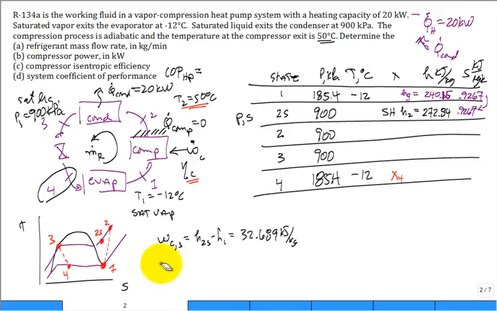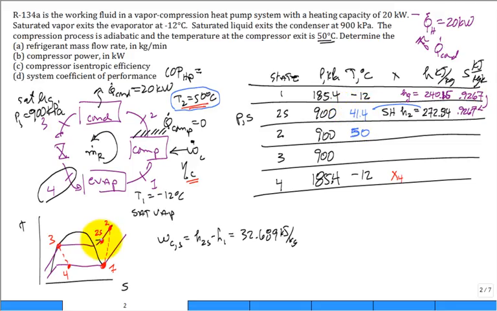Well, we don't know that, do we? We're going to have to calculate that. They make it a little challenging because they tell us the exit temperature at 2. They tell us the exit temperature at 2 is 50. If you do the linear interpolation, the same linear interpolation for the enthalpy and the entropy, you get that the isentropic exit temperature is 41.4.